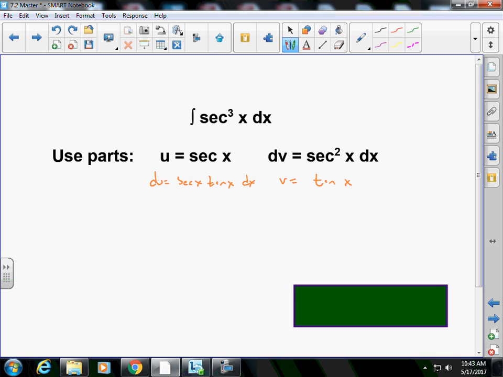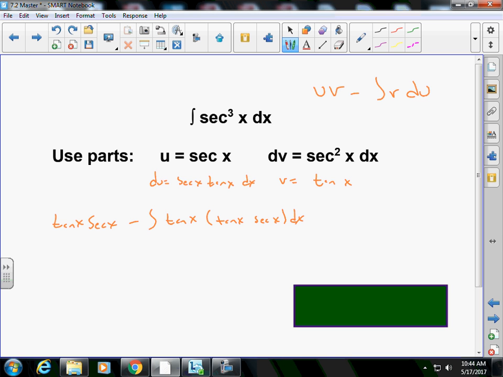So we're going to do our substitution. I get tan x secant x, right, u times v, minus the integration of v du, tan x times tan x secant x dx. And just to remind us, it's uv minus the integration of v du.